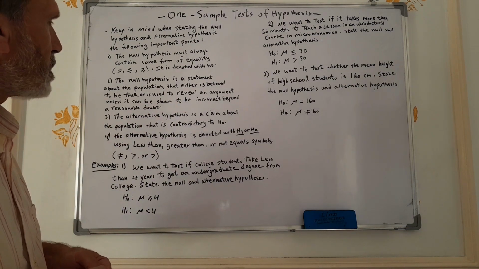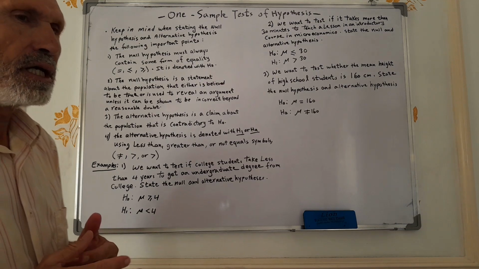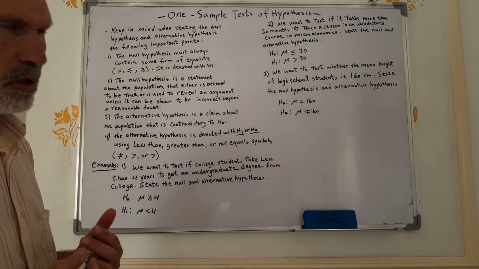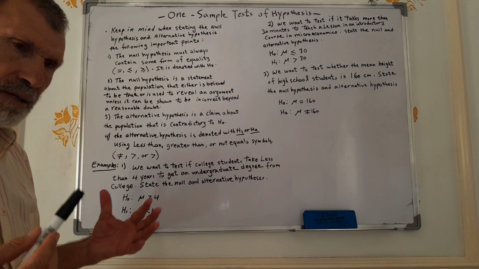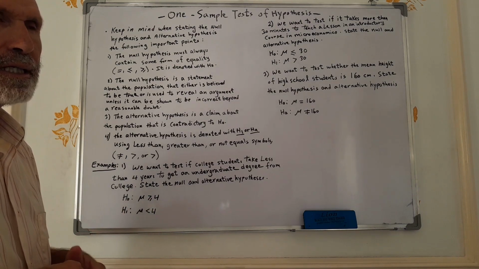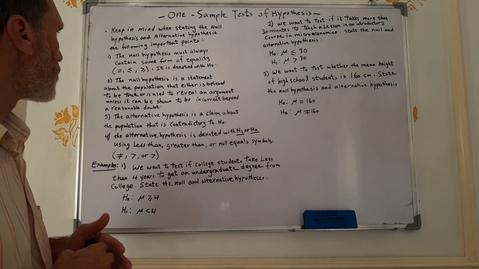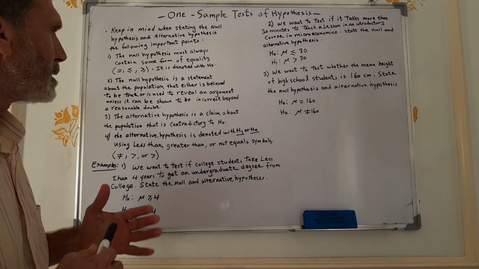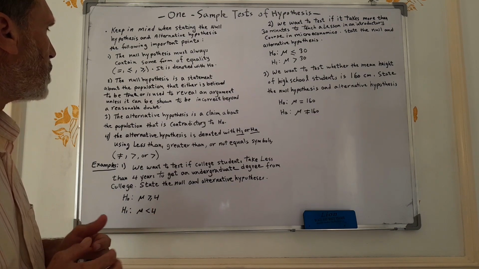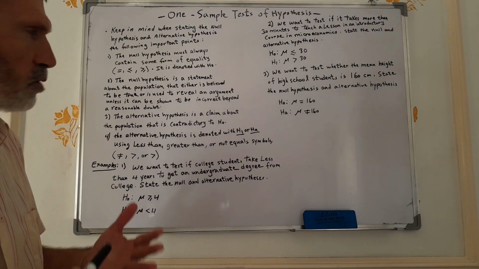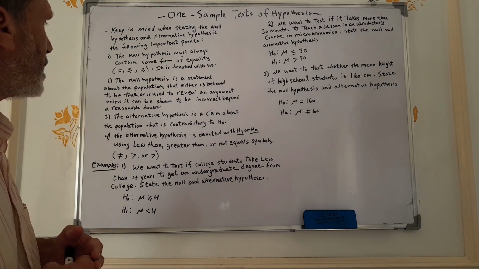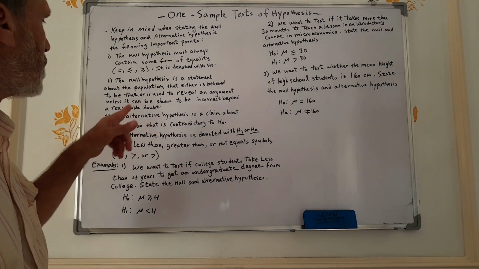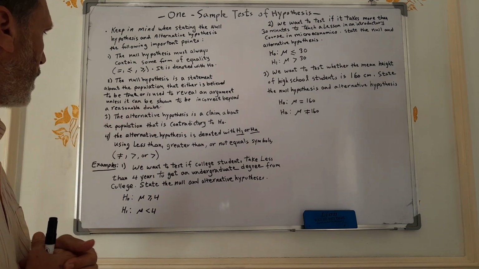So this is actually what we mean when we say null hypothesis. It's a statement about the population that is either believed to be true or is used to reveal an argument unless it can be shown to be incorrect beyond a reasonable doubt.